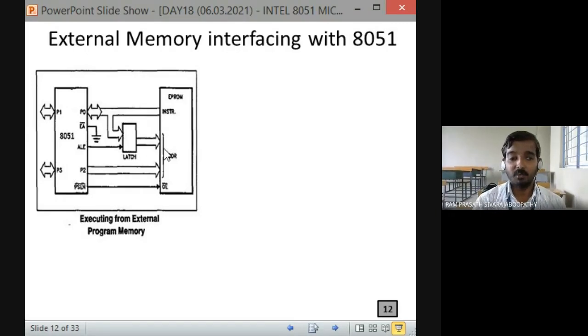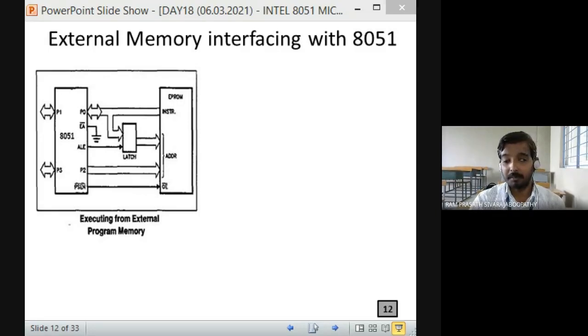We need one signal to read the code from the external ROM to the 8051. Which signal do we have to use? To read the external program memory, which signal can be used? PSEN, very good, PSEN bar.